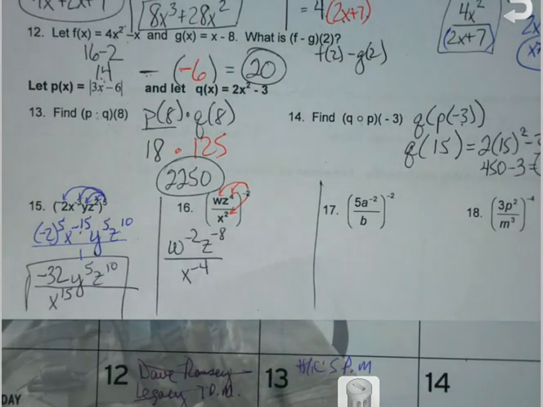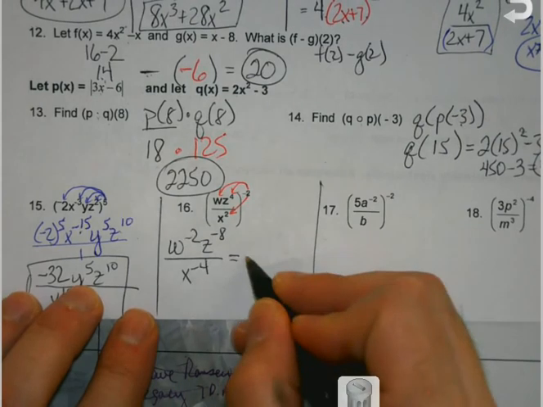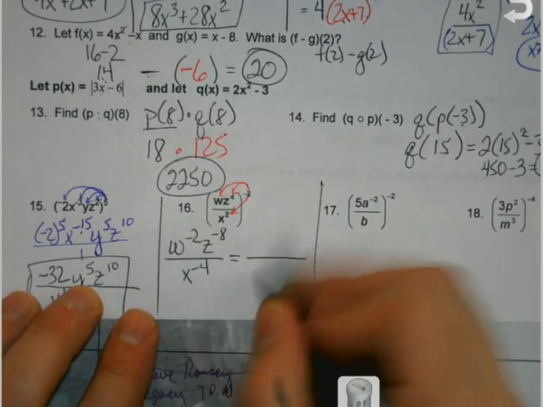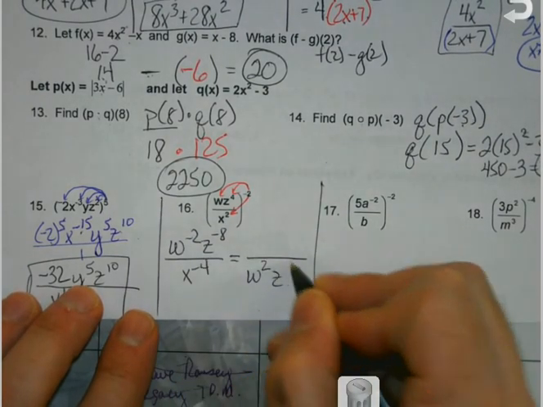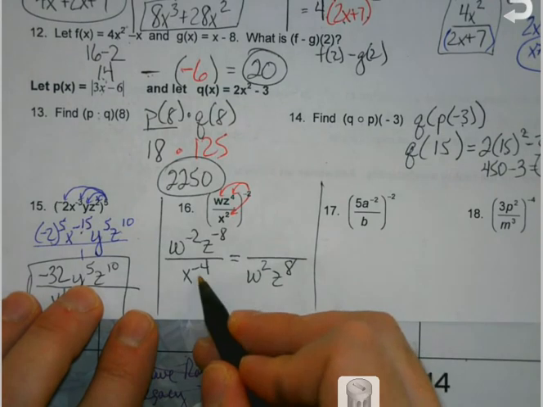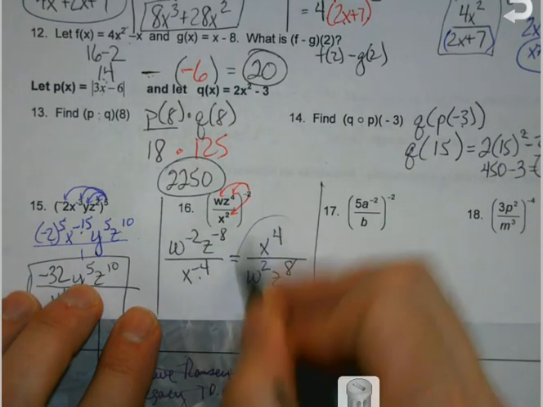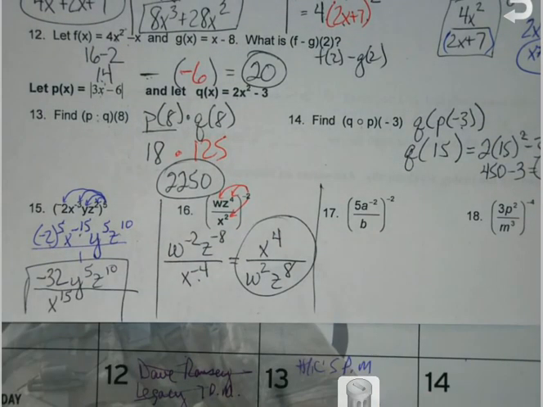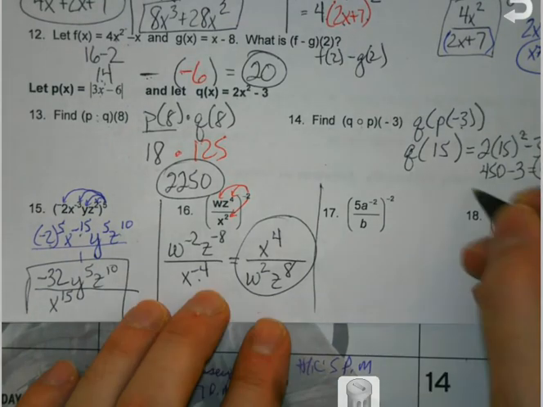You're like, dang, they're all negative. Okay, so they all flip. So any term that's in the numerator with a negative exponent goes to the denominator, and if it's in the denominator with a negative exponent, goes up to the numerator. No like terms to put together, I'm done. And ready to roll.